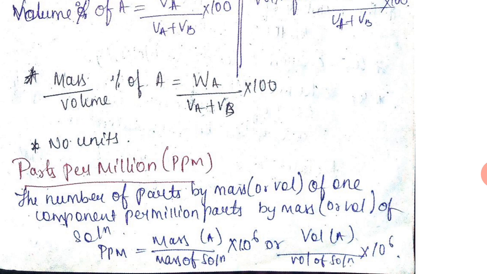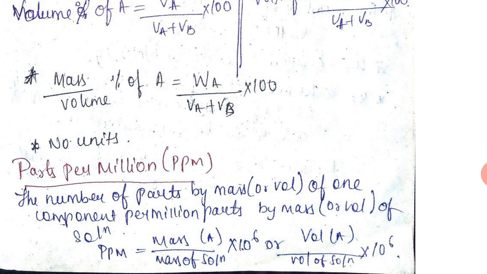In a solution in water, as I said in the last video, if you go through the water molecules, you won't find just one molecule; you have millions and millions of molecules, and it depends upon the quantity of the volume too. So for parts per million, it is mass of A by mass of the solution into 10 to the power 6.